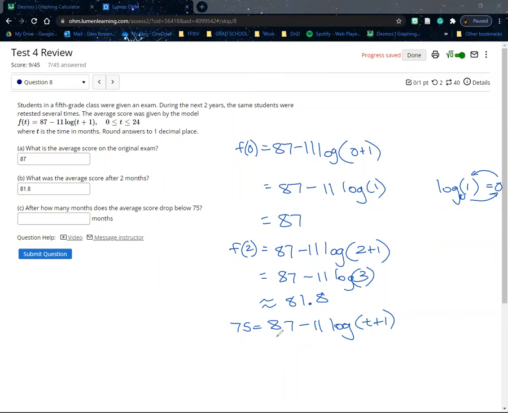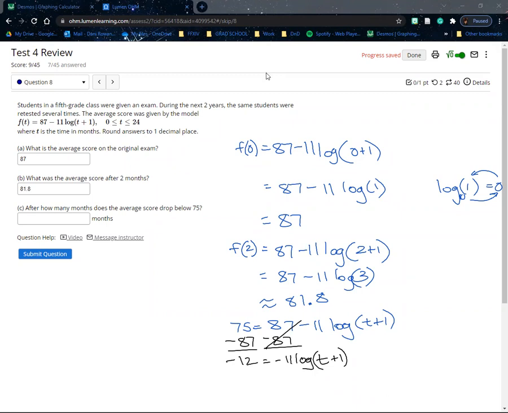We're not dividing by 87. This is adding 87, right? So we're subtracting 87. This is negative 11 log T plus 1. What is 75 minus 87? Negative 12.